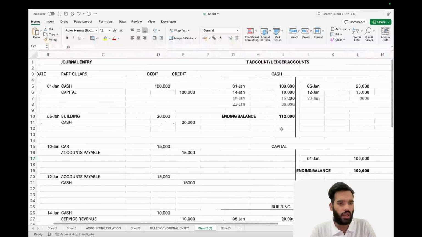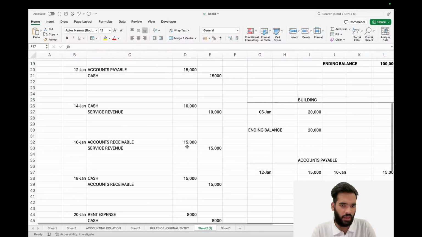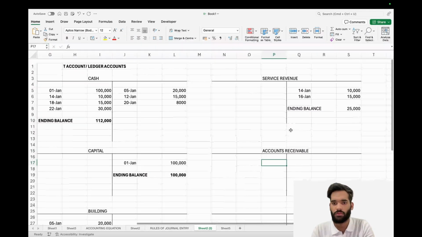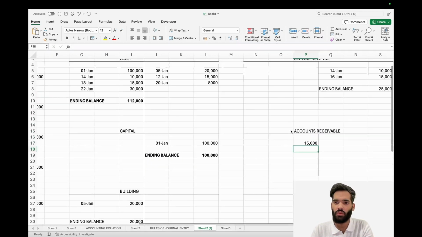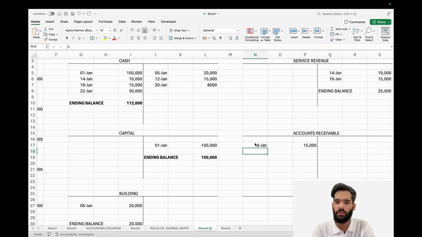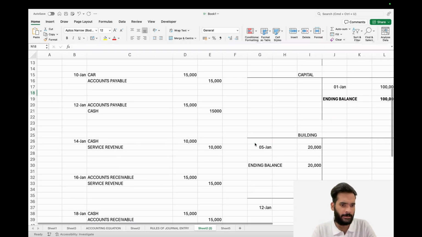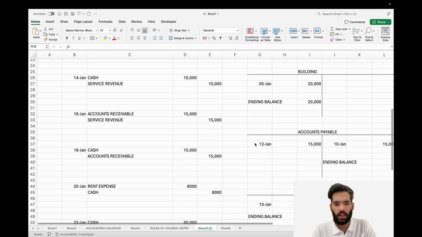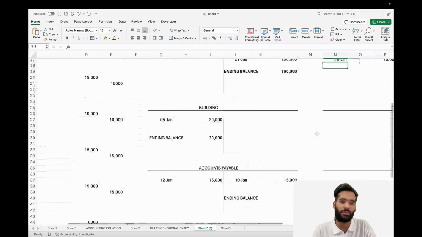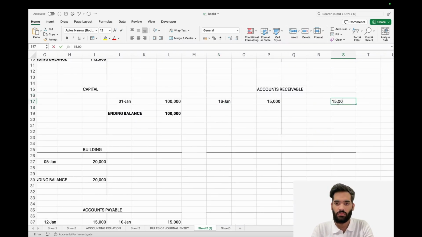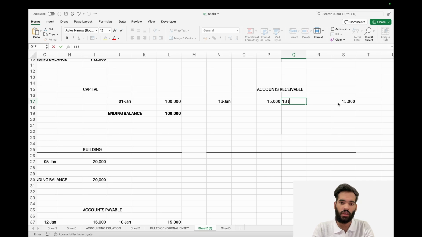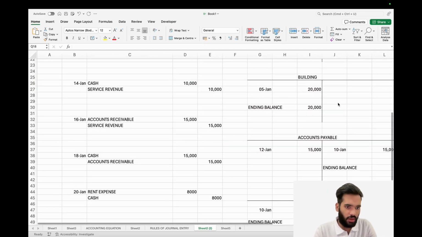So accounts receivable. We have a debit of 15,000. It was on 16th of January, I believe. Let's see. Yep. And then accounts receivable credit again 15,000 on 18th of January. Is there anything else on accounts receivable?